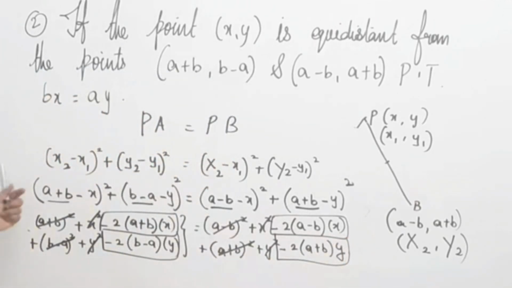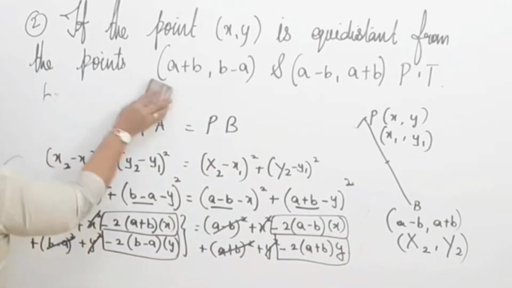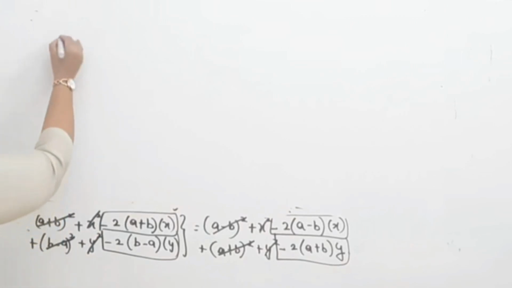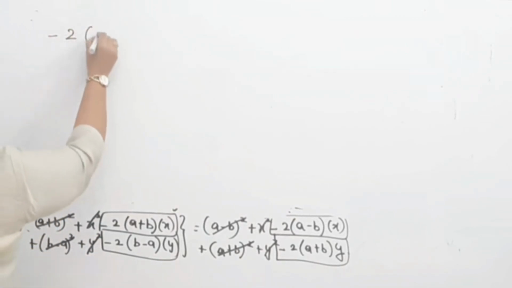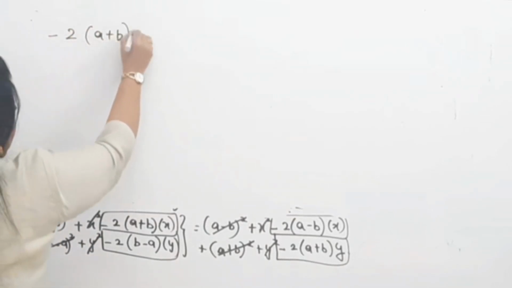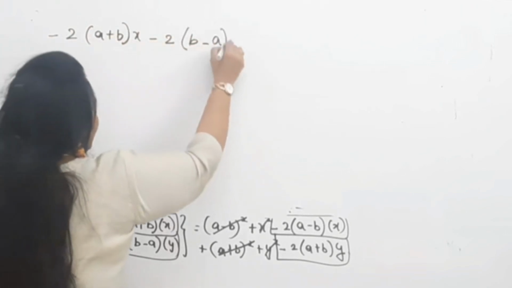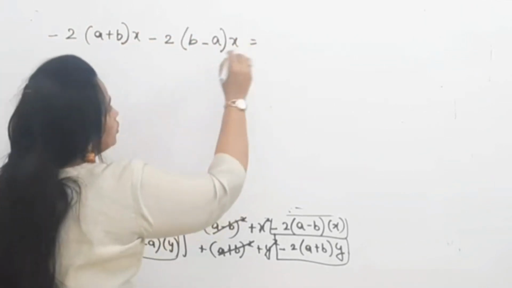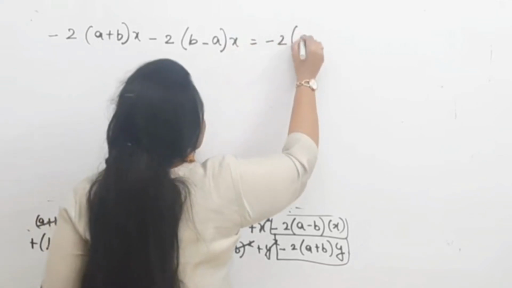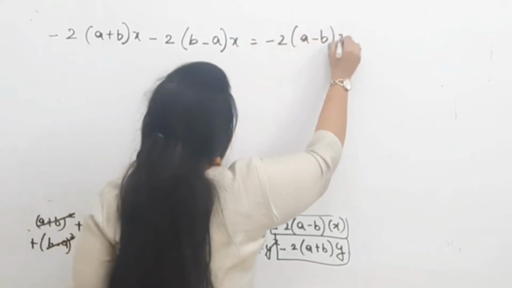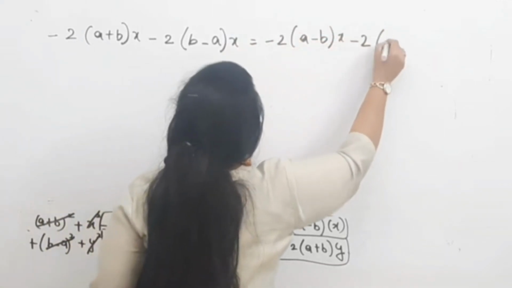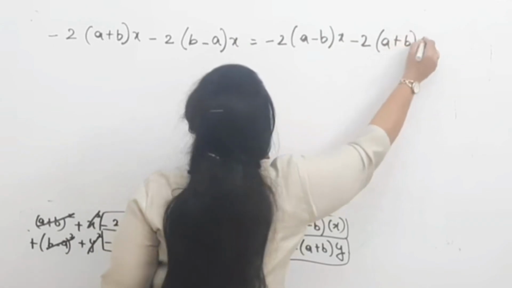So I'm going to write all those four terms. Now my terms become minus 2 into a plus b into x minus 2 into b minus a into x is equal to minus 2 into a minus b into x minus 2 into a plus b into y.